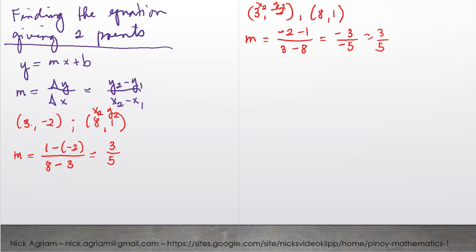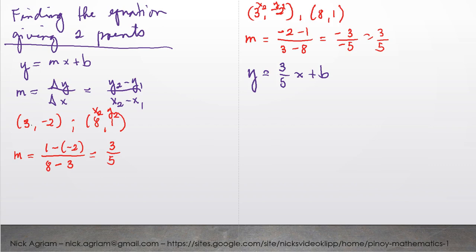Okay, and then we are ready. We have now first, 3/5 x plus b. If we have the value of x and y, then we can find our b.